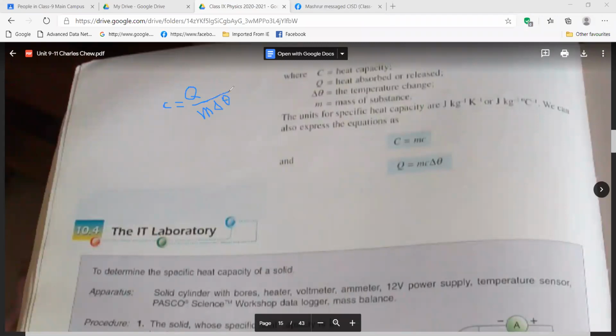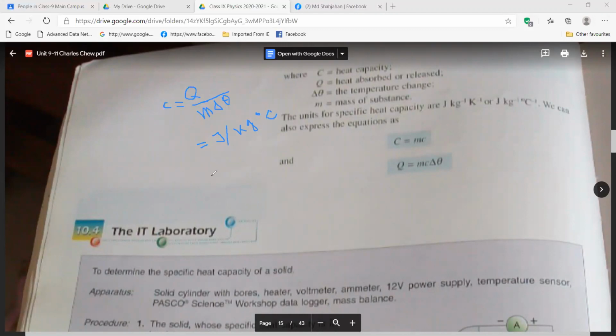So here we got Q in joules, joules per kg, per degree Celsius, right? Kelvin also we write, no problem.